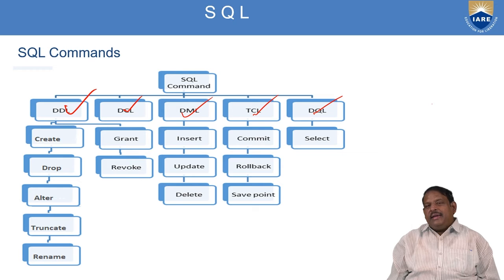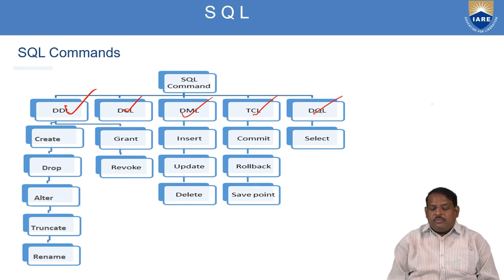I can grant access to a table, a procedure, etc. After granting, only that particular user will be able to access the data. If I don't want to continue that access, I can revoke the permissions. Revoke means removing the permissions back. This is the DCL, data control language.